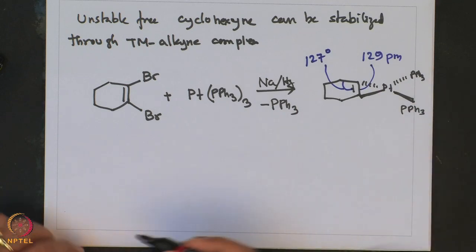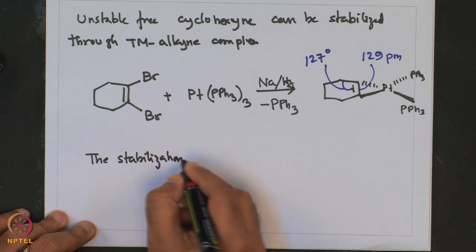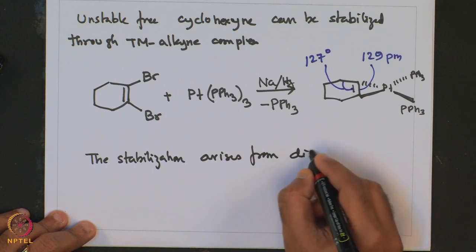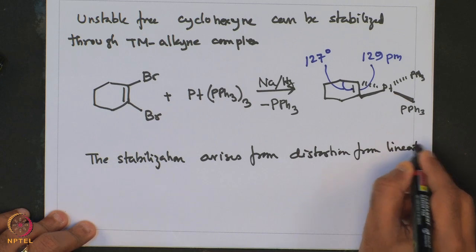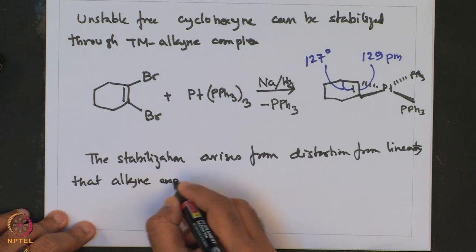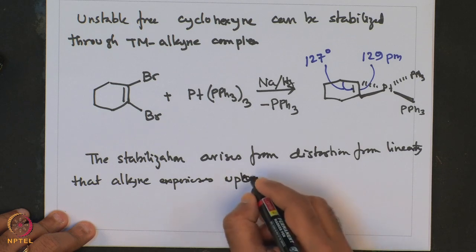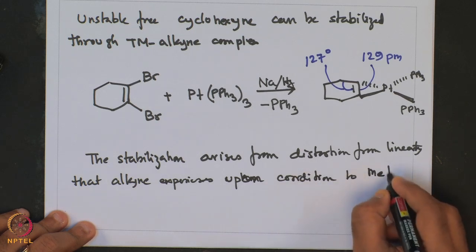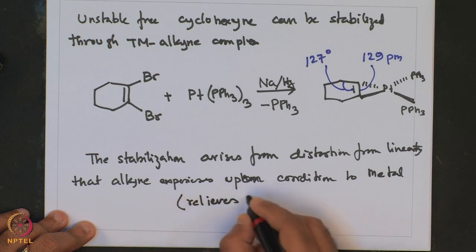So, one can see that the stabilization arises from the distortion from linearity that alkyne experiences upon coordination to metal, and this relieves ring strain.